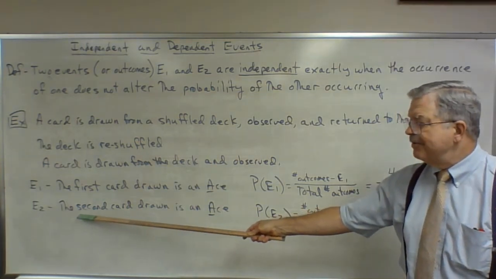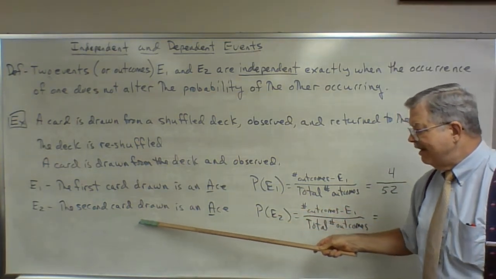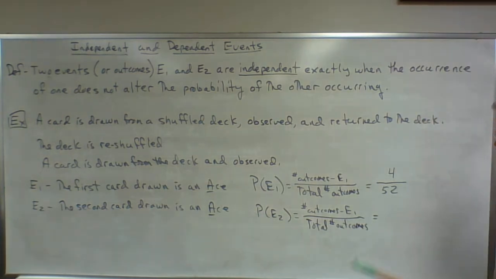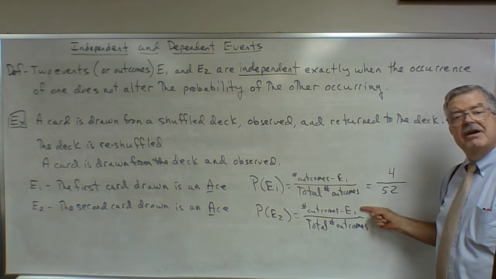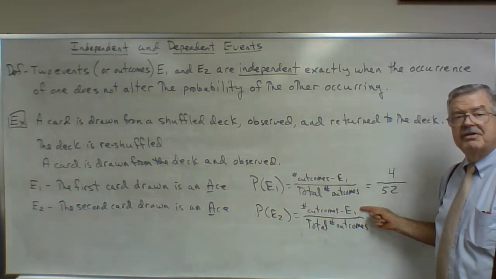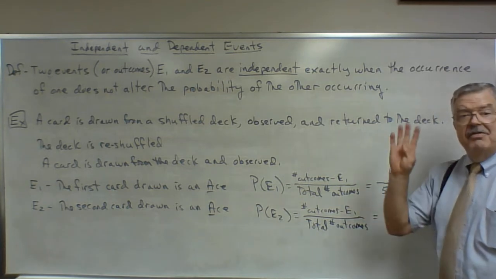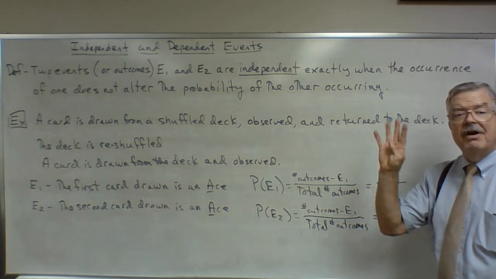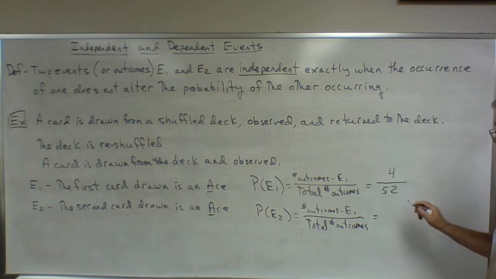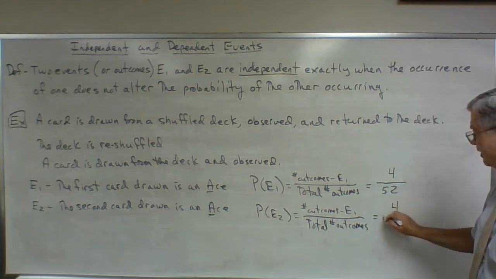E2 is the event or the outcome that the second card drawn is also an ace. But how many of those equally likely outcomes will result in an ace? There are still 4 cards in the deck that are aces, all equally likely as any other card in the deck to be drawn.